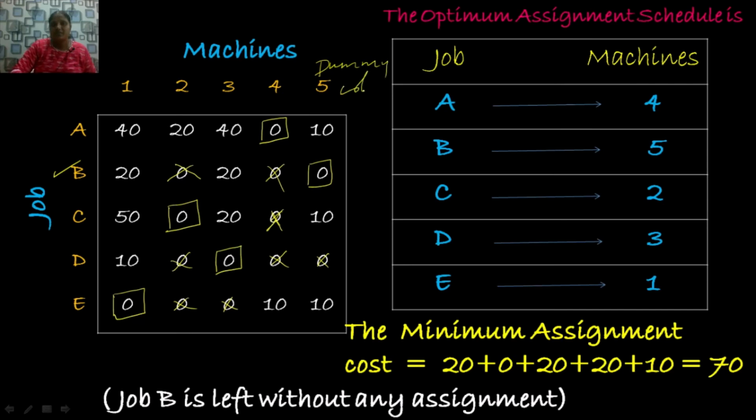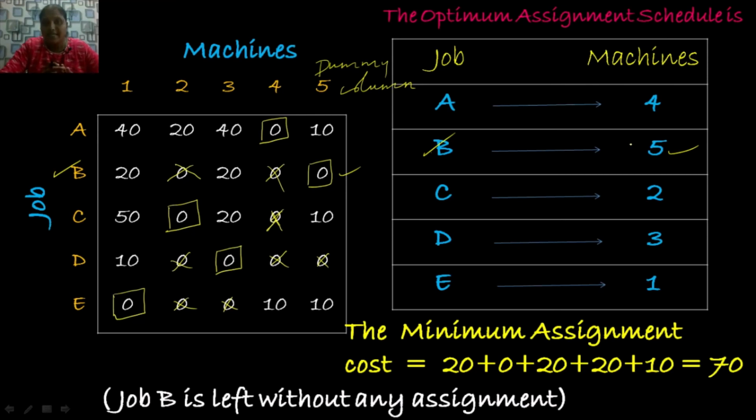We introduced this dummy column to make it a balanced assignment problem and proceed. So job B is assigned with a dummy machine. B to 5 means job B is assigned with a dummy machine, which means it is left without any assignment.